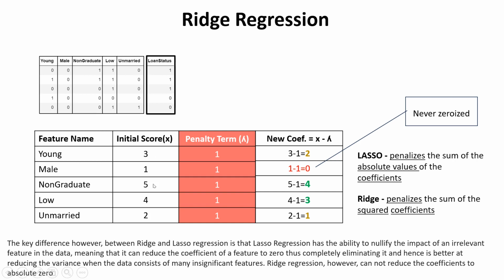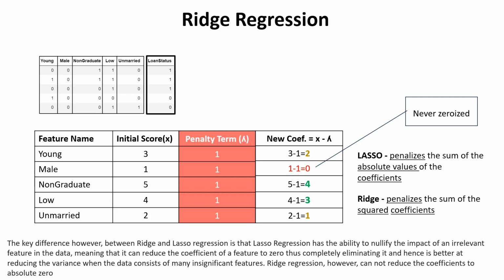For example, this was our initial coefficient, and it does the penalization on the initial absolute coefficient directly, while ridge regression does the penalization on the squared coefficients. That's the main difference. Hope it has clarified.